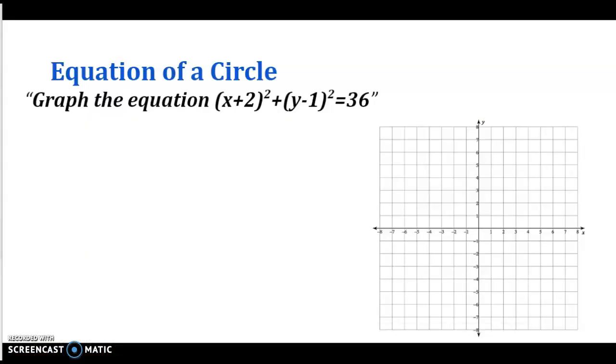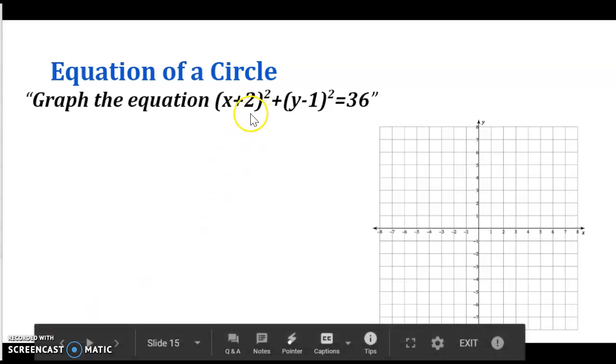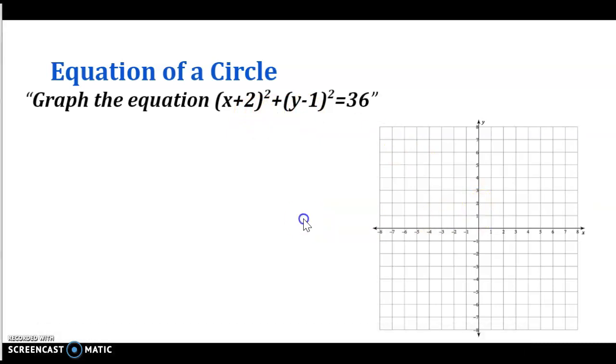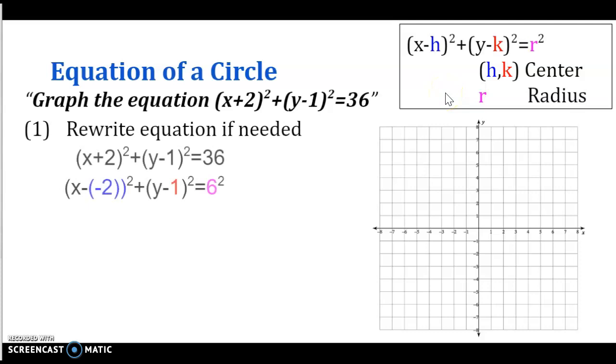Okay, let's go backwards this time. If we were given the equation, now that we know how to figure out the center and the radius, can we graph it? Okay, well, this is a template for our equation of circle, so we can rewrite the equation if we need to. So instead of writing x plus 2, I can write it as x minus negative 2, because we have this negative sign here, and that's really important.